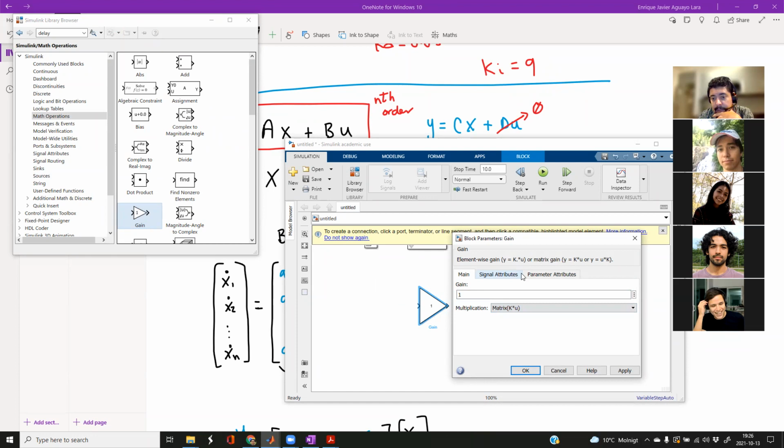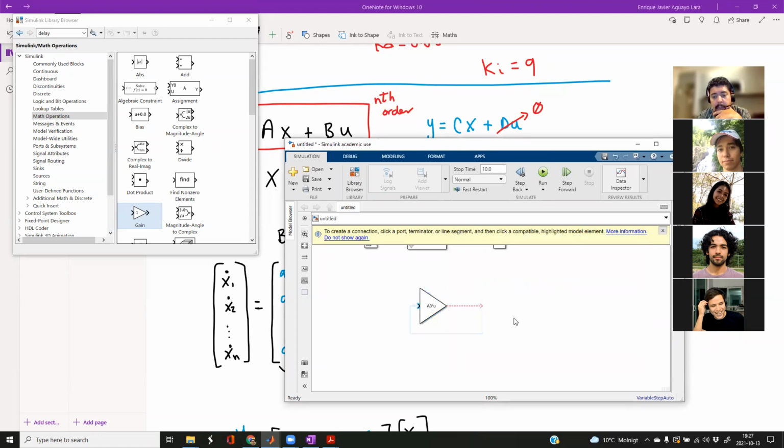As you can see from the definition, the output of the block is equal to k times the input of the block. So that's what I want to do. I will connect something in here that is going to be x, and what I want in the output is a times x. It could be k times u or u times k, being u the input to the block. So I'll call this one A3.